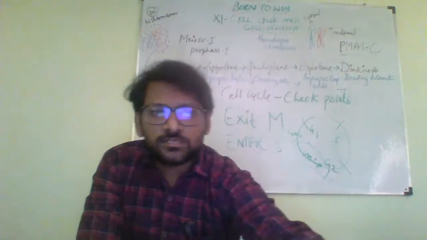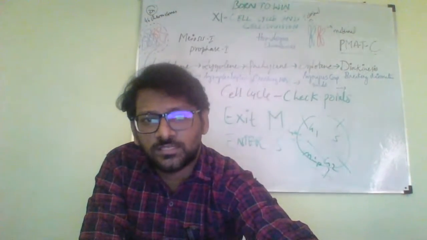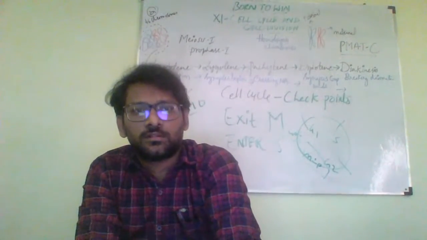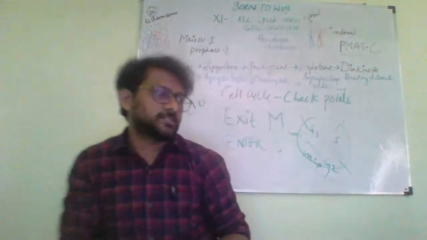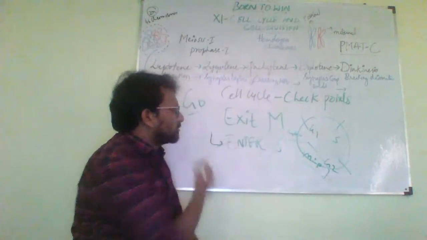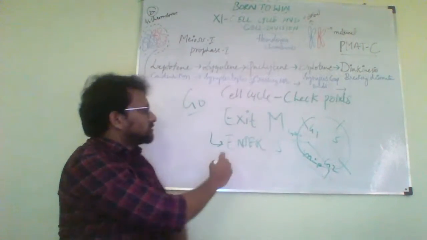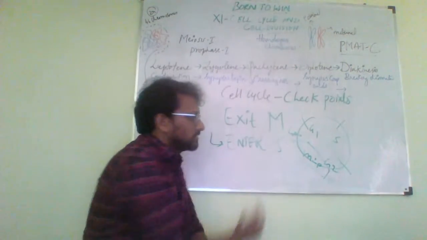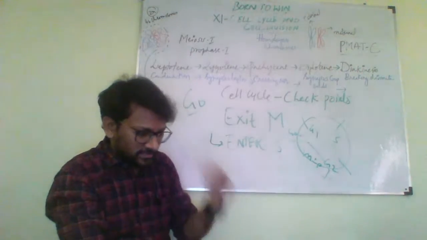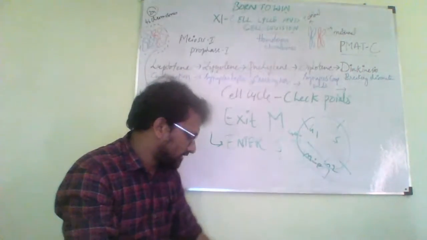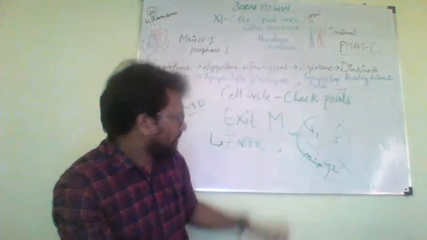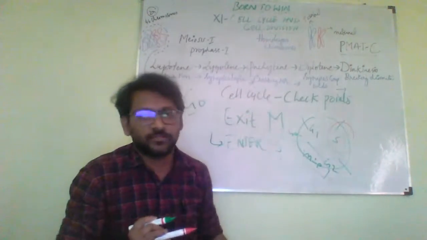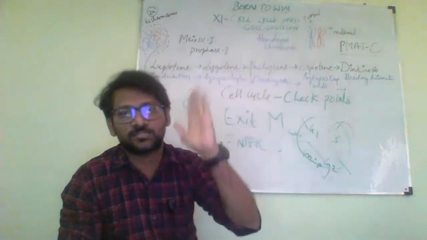And then next one is before the cell comes to S phase, it goes through the G1S checkpoint, also called enter S phase. So now we are talking about enter S phase. Even before the cell commits to enter into S phase, whether the cell has to enter into S phase or not will be decided at this point.